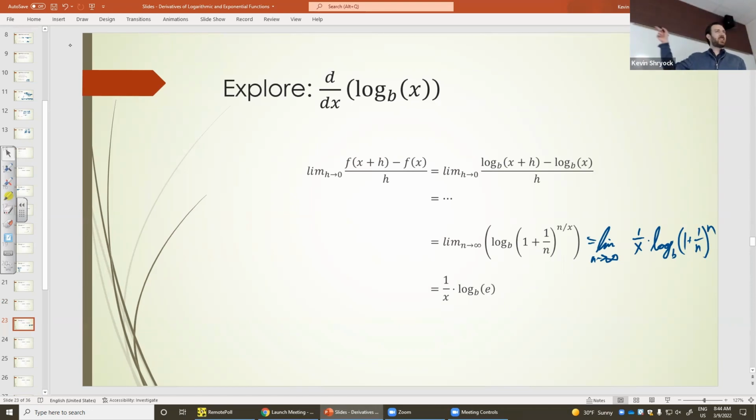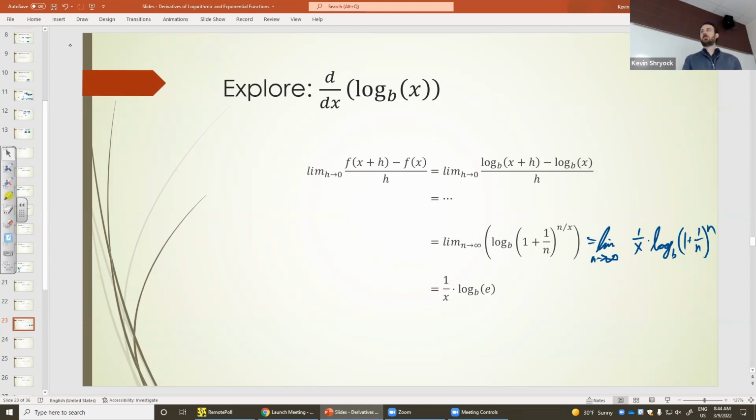Now I've got very explicitly that structure for e. Any questions here on how I did that or why? The same idea as reverse, right? Where we said things being multiplied can get brought in as exponents, things in exponents can be brought down as multiplication. So that's all we're doing.